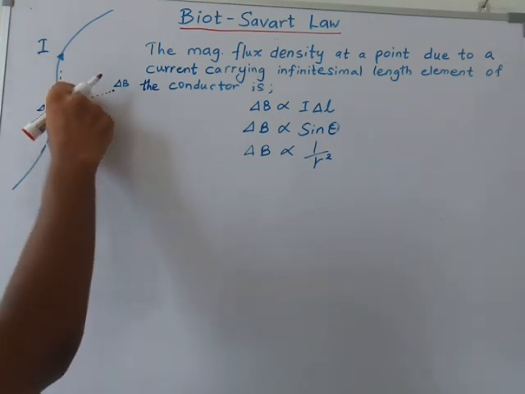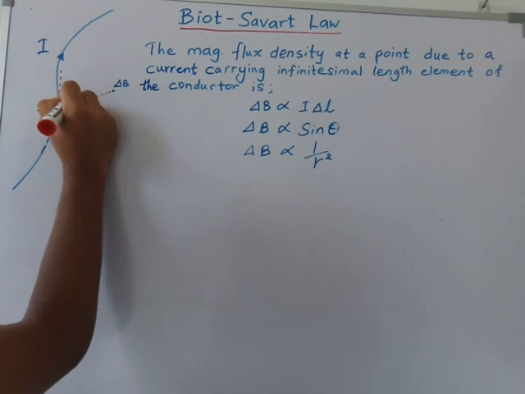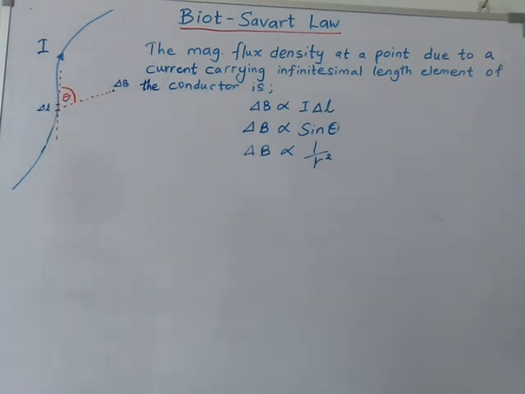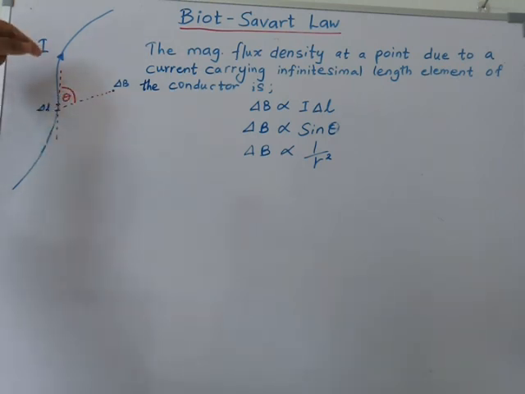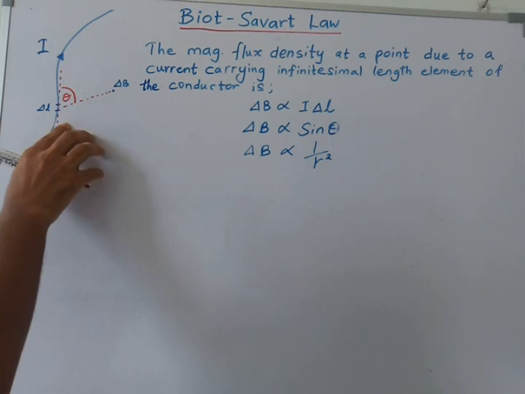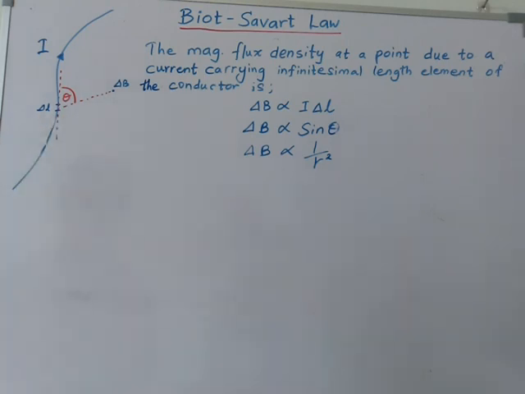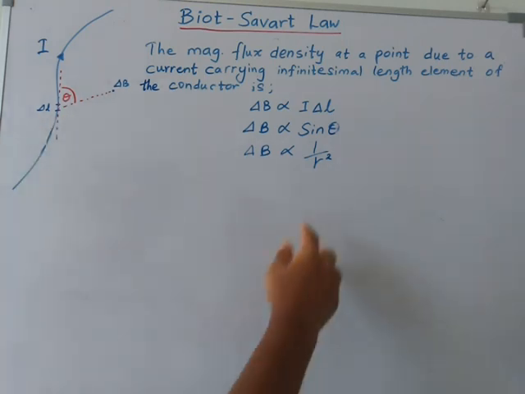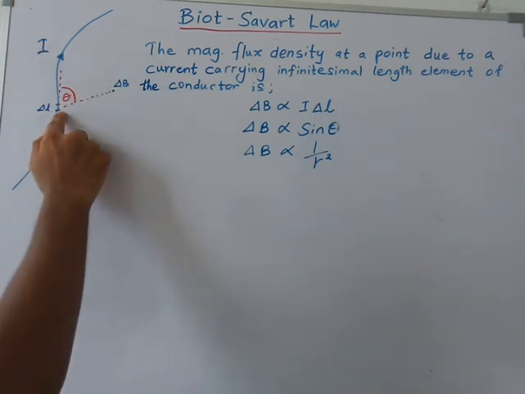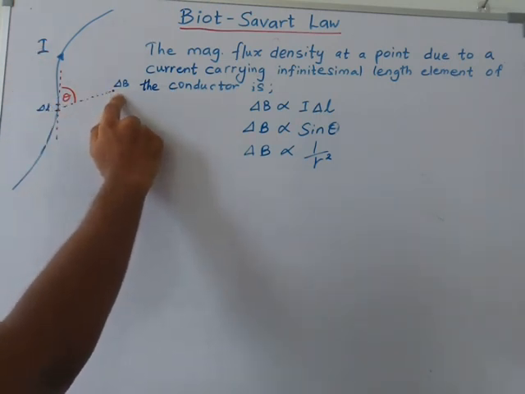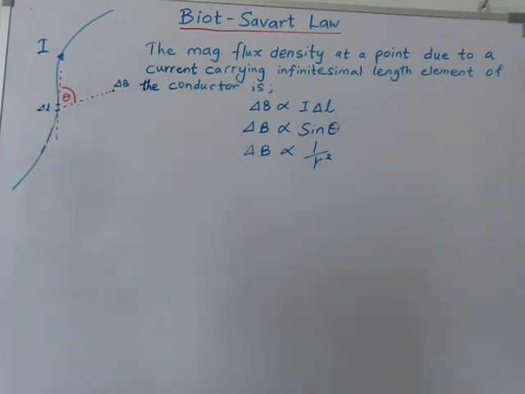So the angle between them is theta. One thing you have to keep in mind: the current is moving in this direction, so I take the angle to be this one. So delta B is proportional to the sine of the angle between the tangent to the length element and the line joining the length element and the point.